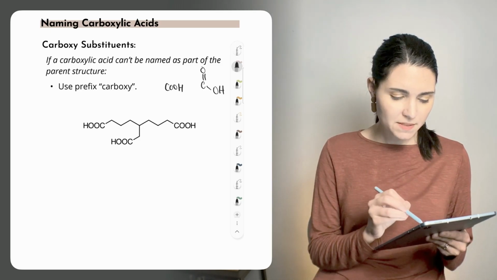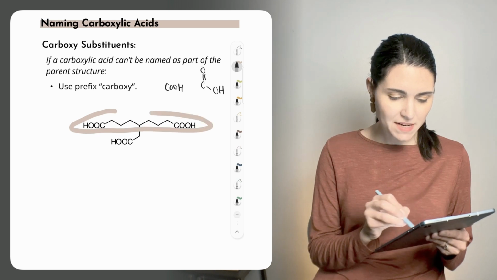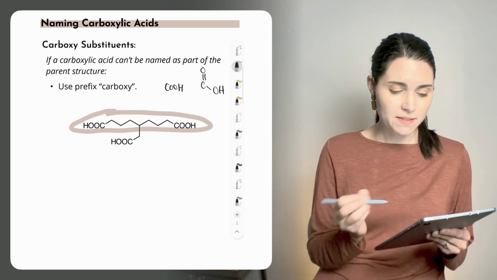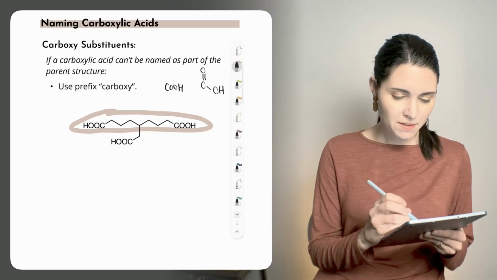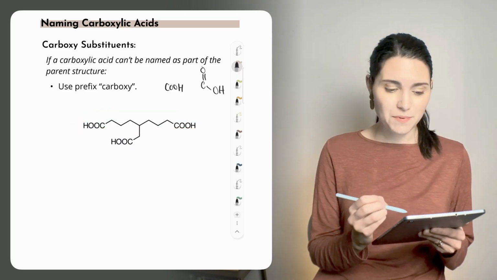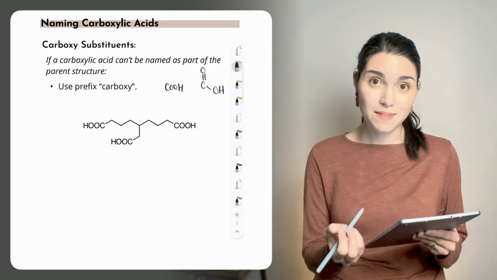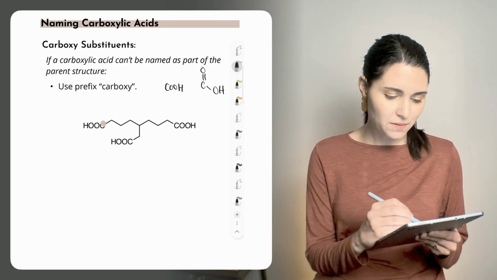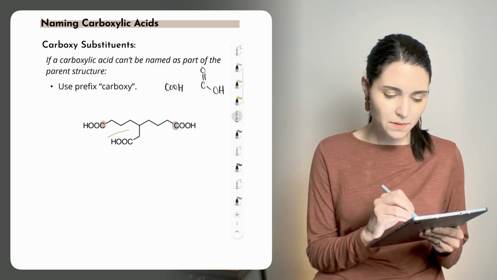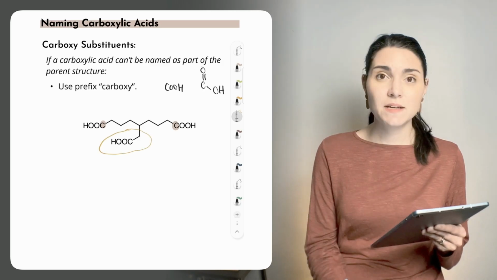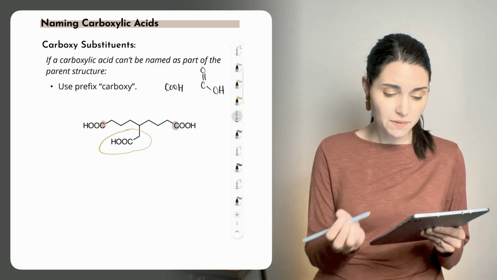We can name this sort of big long chain here as our parent, and then that way we can get 2 of the carbonyl carbons in the parent structure. So it's easier to forget when they're abbreviated like this to include them in the counting. So don't forget that. We'll include this carbon, and then this whole thing, including the carboxylic acid, will be a substituent.